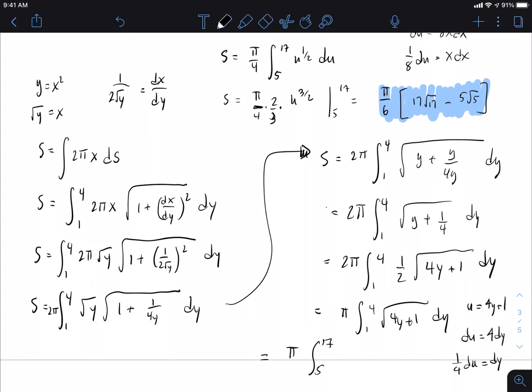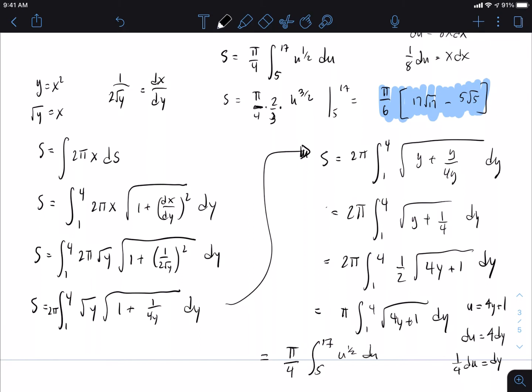So from here, I'm going to get u to the 1/2 du over 4, I forgot the over 4. We can see that this is exactly the same as the previous problem, right? Right. So we see that the answer is going to be the same.